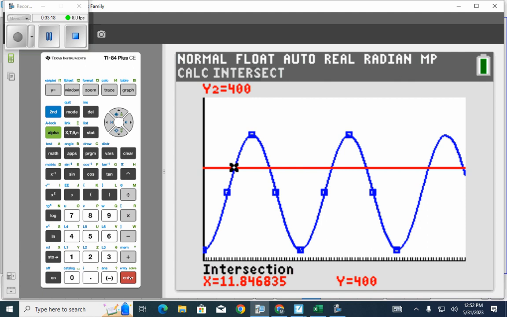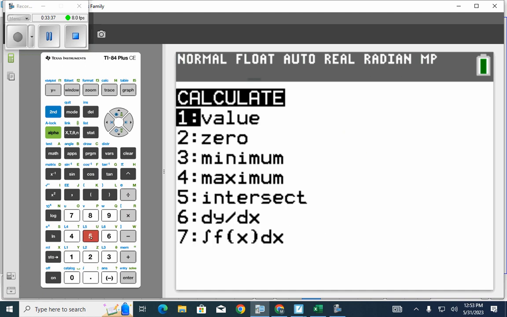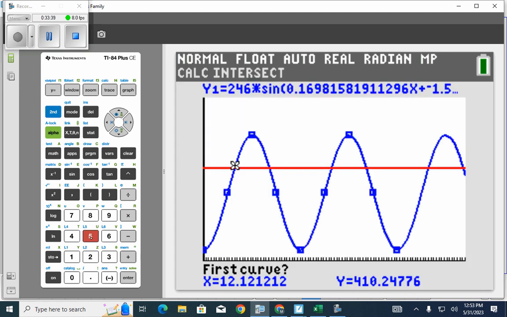So at 12:12, so 11.8 minutes after, right? So 11.8 minutes after he starts the ride, he'll see Yale. Okay. So second trace, number 5. Now move the cursor to the next point.